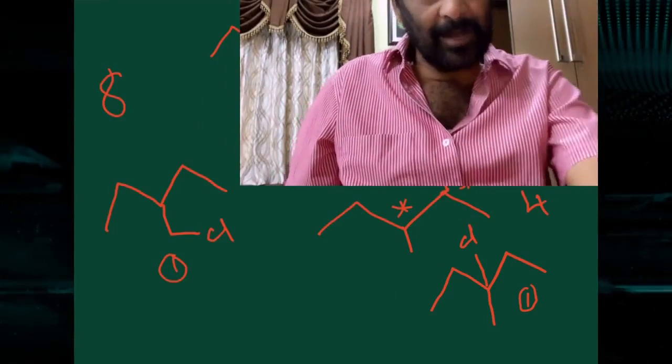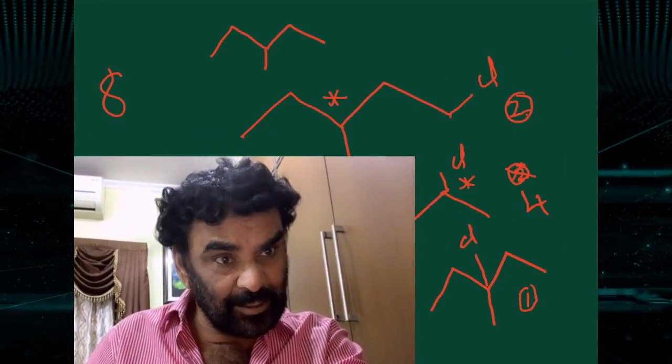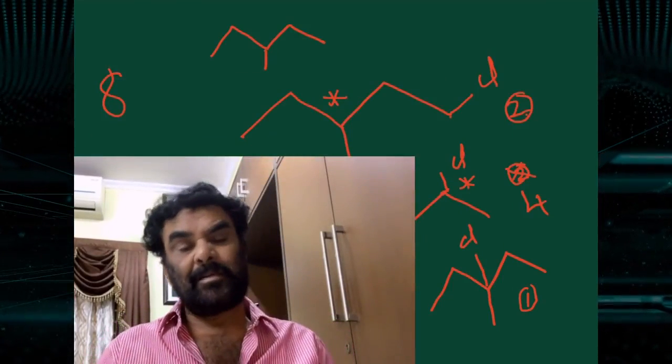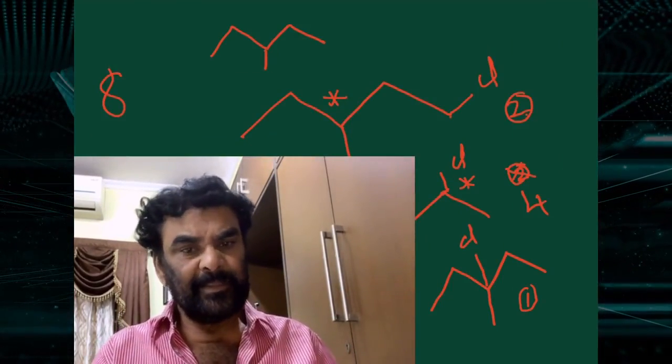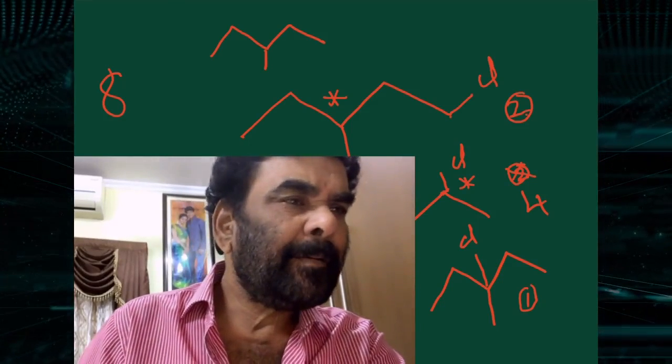So chiral centers are created once chlorine is introduced on this, and this becomes the chiral center. That's all, this is some explanation about this. If you have any doubts, ask in the classroom.